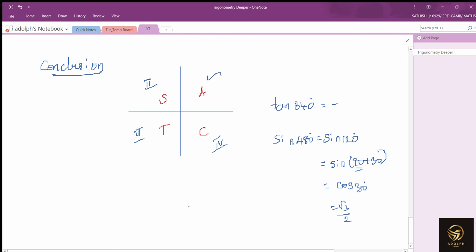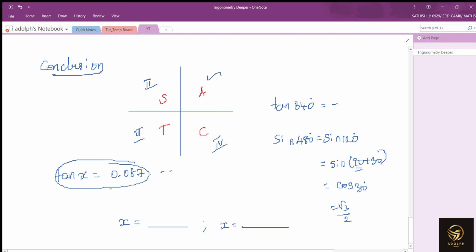One more important thing you have to note down. In some of the cases, they will be giving tan x equals some number, like 0.087, so any number it can be. Then what are the two values of x? So you'll be having one value, and also you'll be having another value. If you put it in your calculator, for example, simply we can take that we are getting some 30 degree or 35 degree.